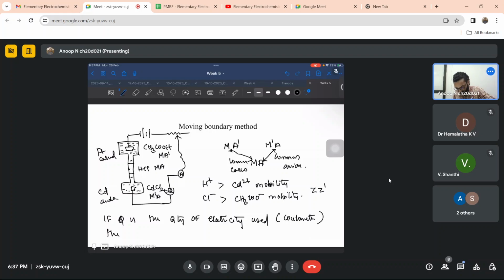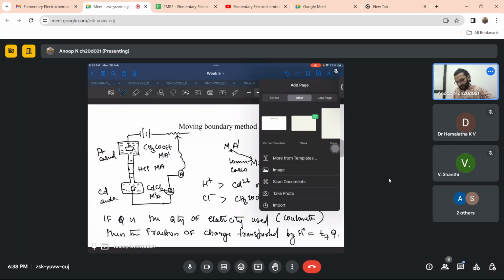Then the fraction of charge transported by H plus, how will it be written? T plus into Q.